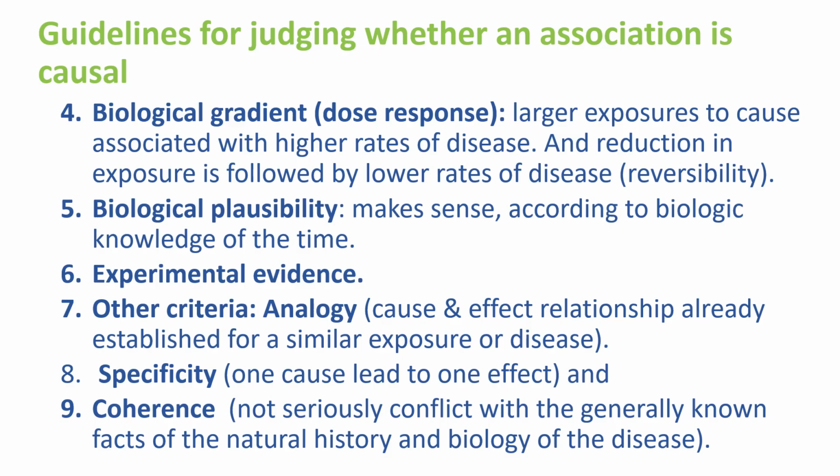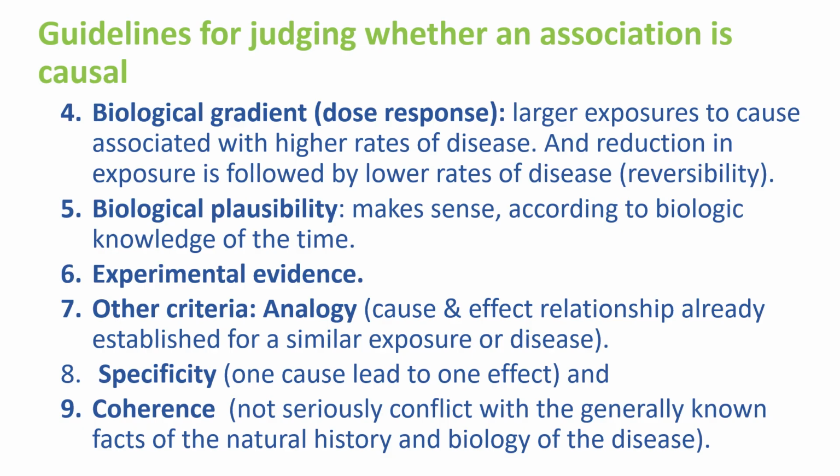There are some additional supportive criteria that, if more of them apply to the relationship between risk factor and the disease, could give extra supportive evidence towards the causal association. There is biologic gradient or dose-response relationship.